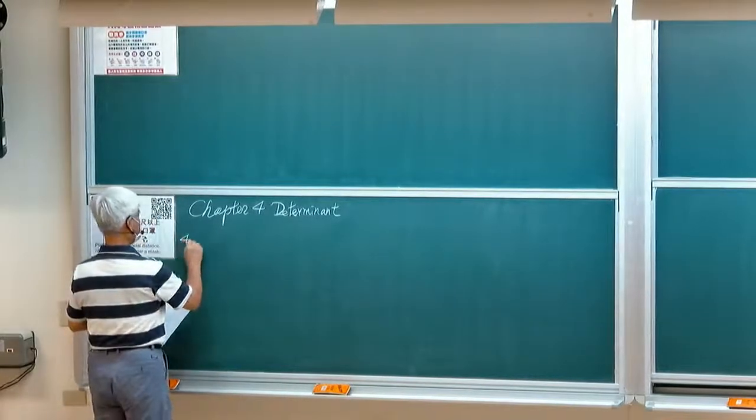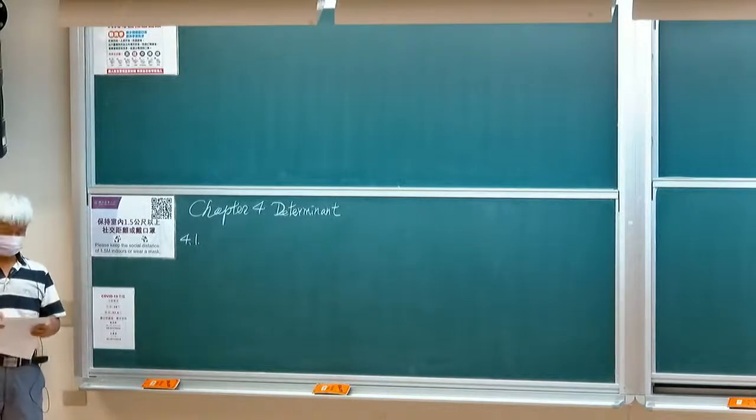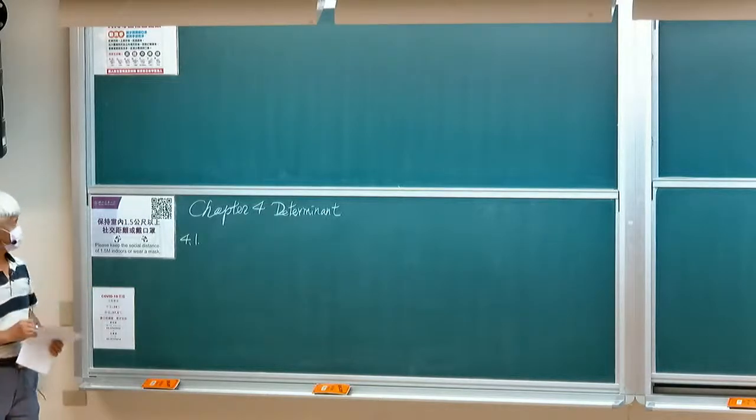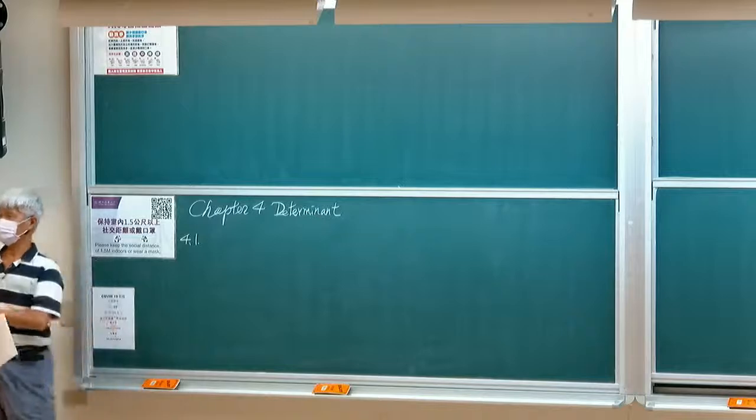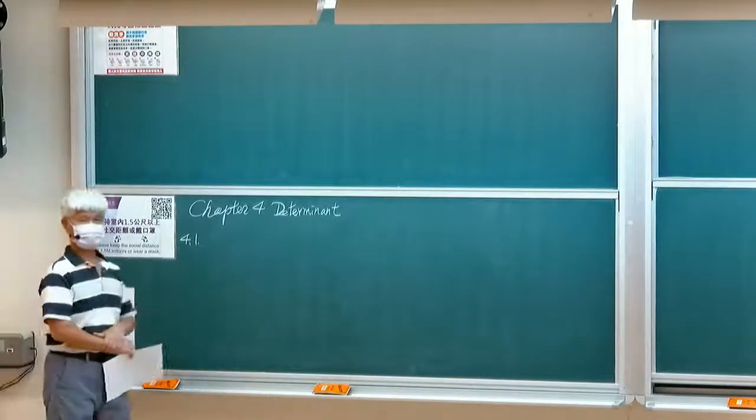But the approach here is that I would like to give you an extensive study of determinants, starting from the basic properties of determinants. Just like we introduced general vector spaces from the basic 7 axioms.